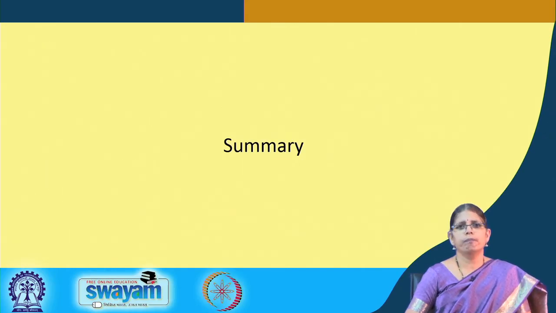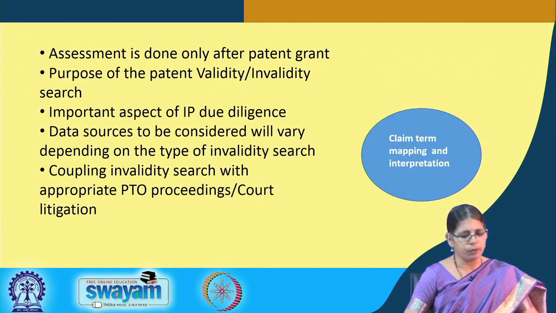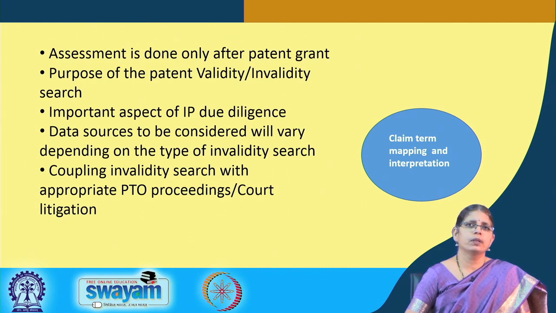So, in summary, we have looked at why the patent validity and invalidity search is important. This forms an important part of IP due diligence. There are various data sources which are considered in conducting this search.